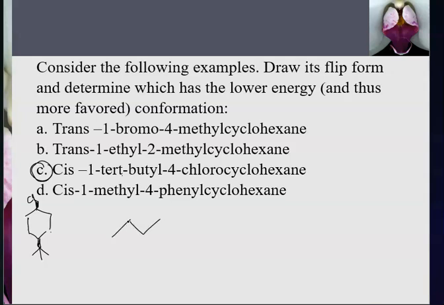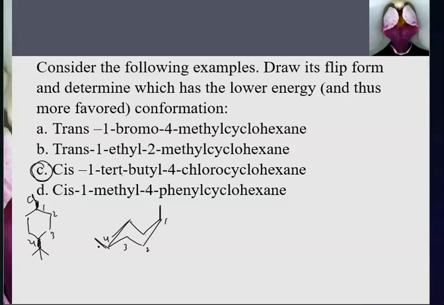And when you draw the chair conformer, in this case our Cl is pointing up, so let's put this here up, and then the t-butyl is also pointing up because it's a cis structure, right? So this is my 1 carbon, 2, 3, 4, right? So we just number it 1, 2, 3, 4. Here I have 1, 2, 3, and 4.